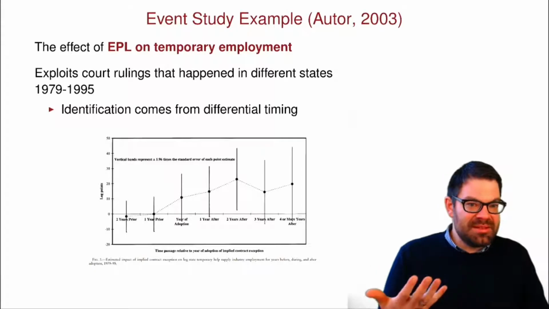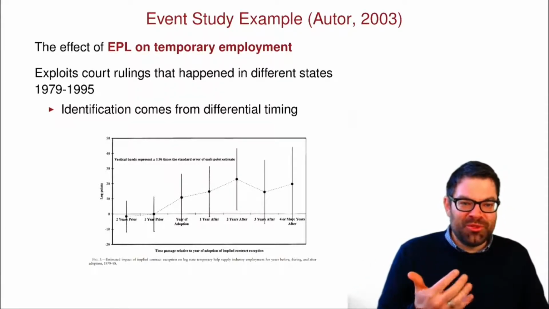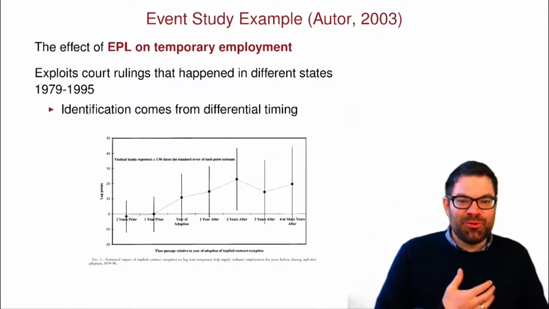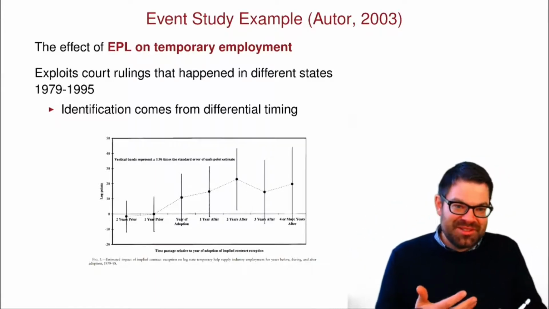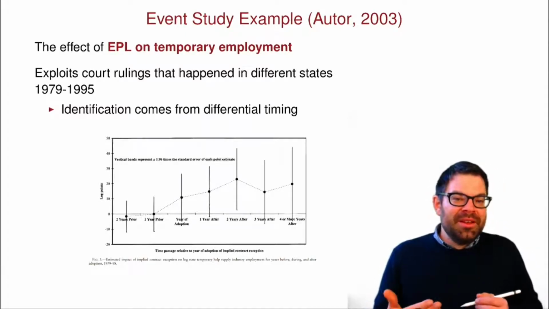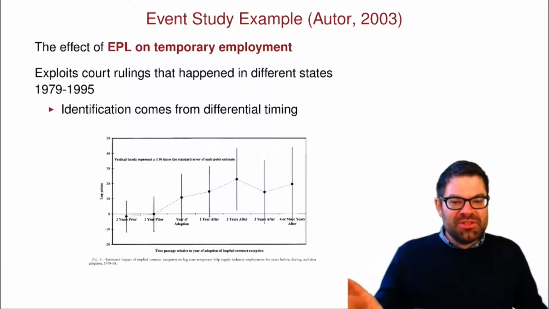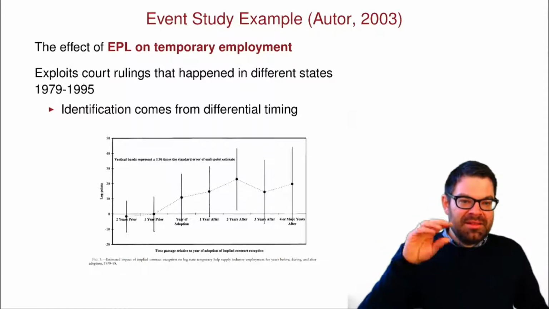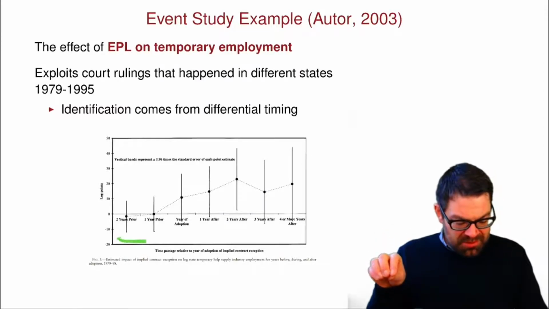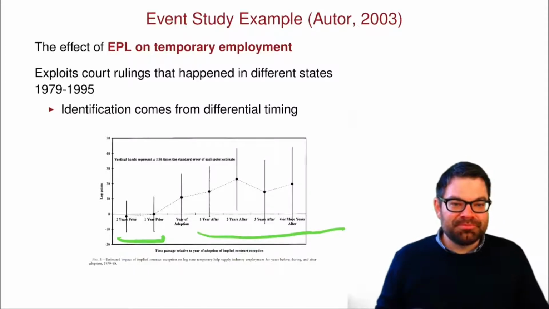As he claims, the exact timing of those rulings was unpredictable. This could be on a judge's desk for years, and then at some point there is a ruling. And what he does then is he looks at the share of agency workers in these states right before the court ruling, so 2 periods before, and then in several periods after.